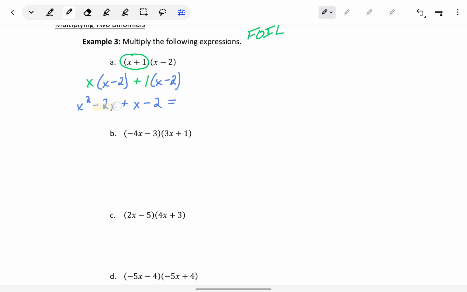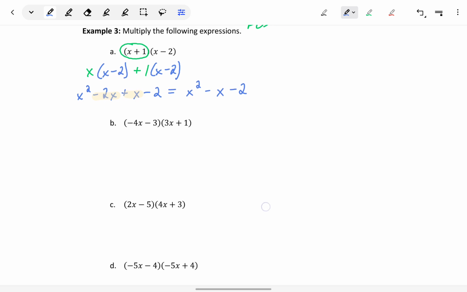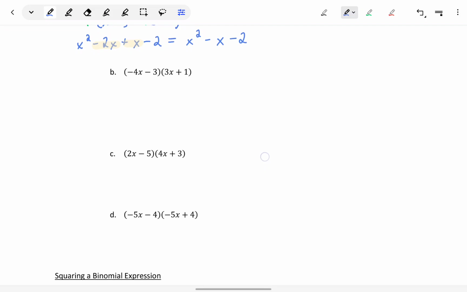In this case, we have minus 2x and plus x, so we'll end up with x squared minus x, or minus 1x, minus 2. If you were to use that FOIL method, if that's one that you're familiar with and you want to apply, great, you'll end up with exactly the same result.